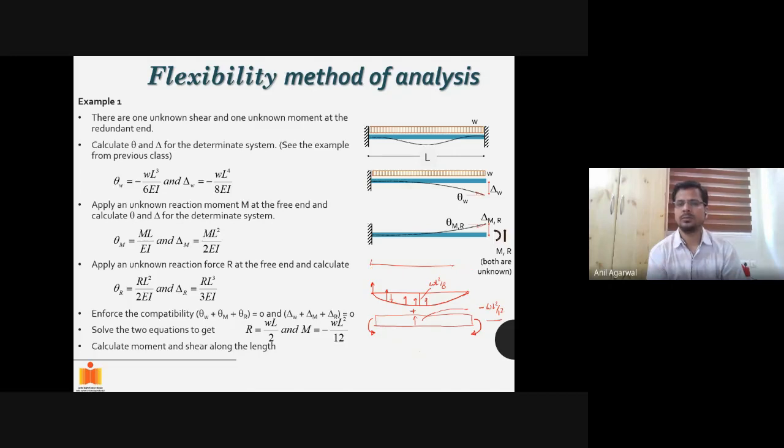It's sometimes very difficult to get a very stiff moment fixity. So let's say I get something which is stiff enough, but still has some rotational flexibility. So these ends can rotate a little. In that case, I will not be offering WL square by 12, but I may be offering WL square by 16 or WL square by 20 or something like that. So whatever moments you are applying at the ends, the full bending moment diagram will shift by that much.